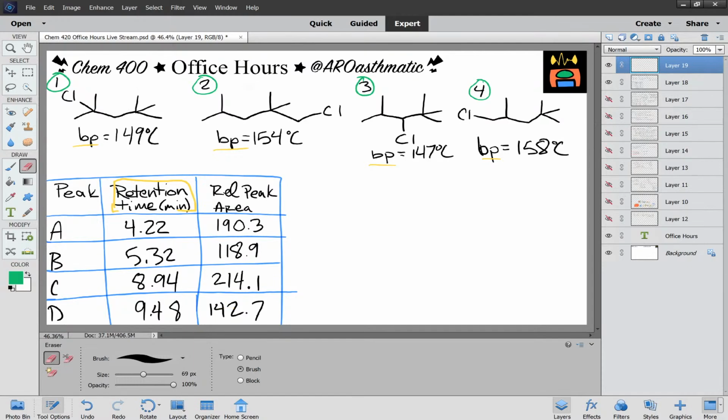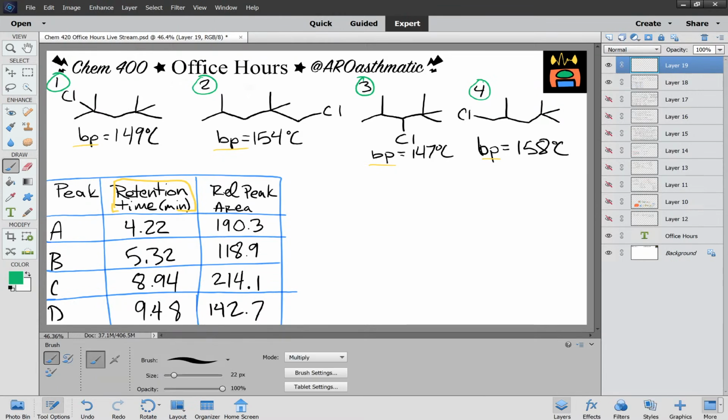There we go. To assign our GC peaks, we do this based on our boiling points. The lowest boiling point is number 3, with 147, so peak A is compound 3.